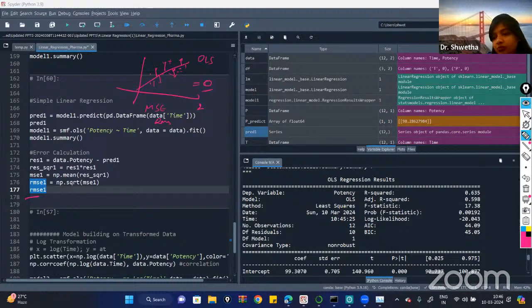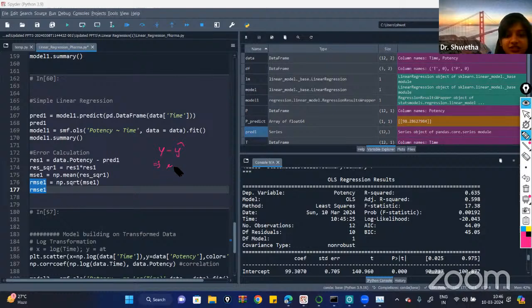How do we take the root mean squared error? We go for y minus y hat. This will give us the residuals. If you square them and take the mean of it, and then the square root of this, that gives us the root mean squared error.